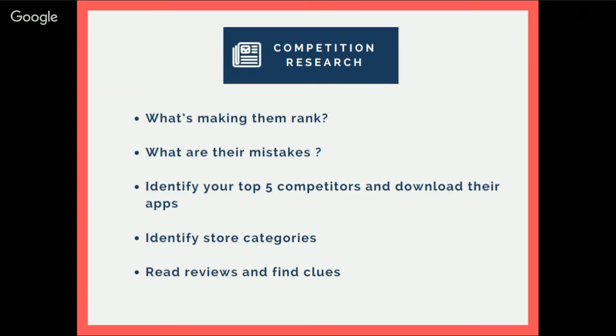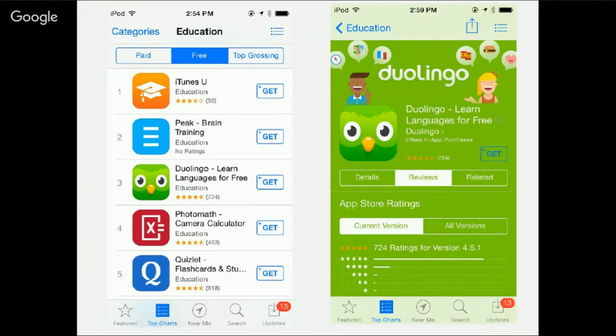There is no simple formula for competitive research, but you have to learn, you have to relearn, and you have to notice. That's what the magic is. So if you are, let's say, looking into the education category, there are 3 subcategories: there's paid, there's free, there's top grossing. Mostly people go for free, that's the hard truth.